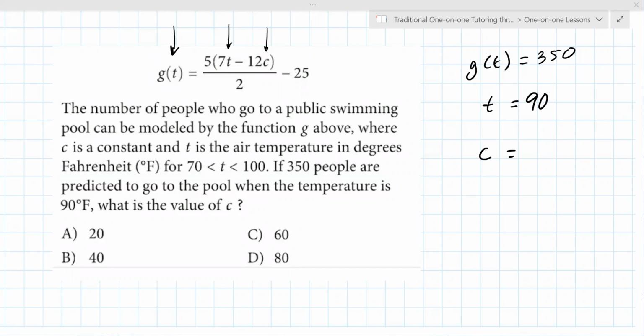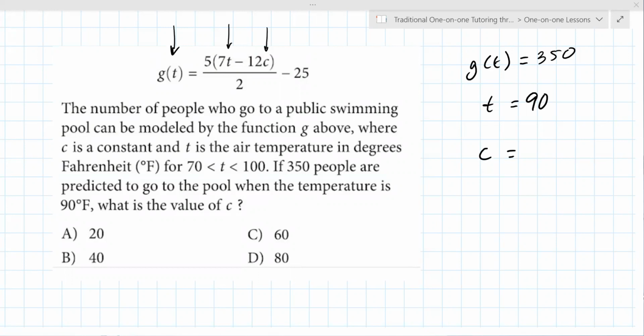How are you doing on this one? I'm almost done. Is it letter C, 60? It is not. It actually works out perfectly.